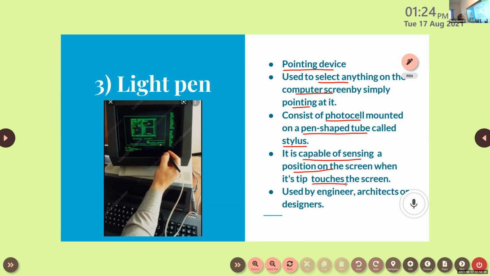So a light pen is a pointing device which is used for selecting anything on the computer screen. It consists of a photocell mounted on a pen-shaped tube, which is known as a stylus. It is capable of sensing the position on the screen when its tip touches the screen.